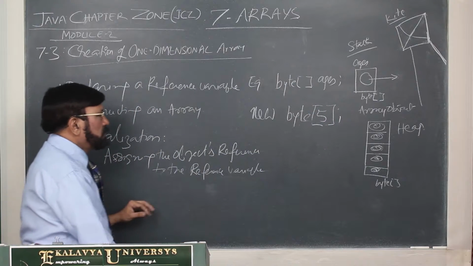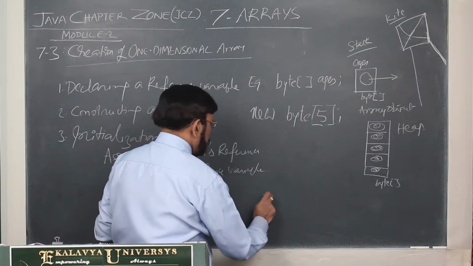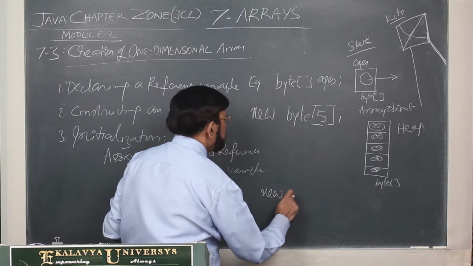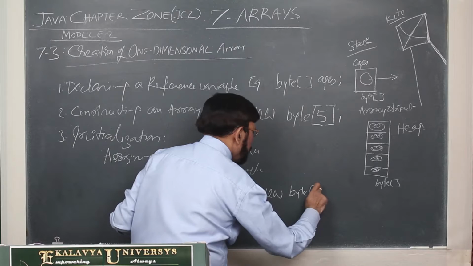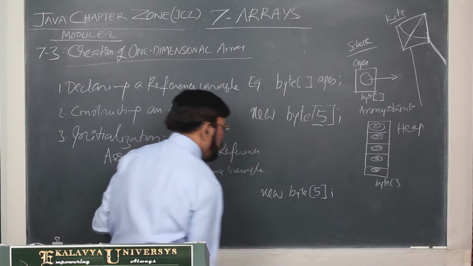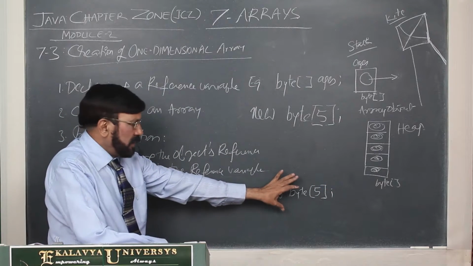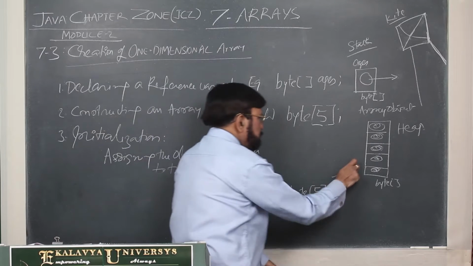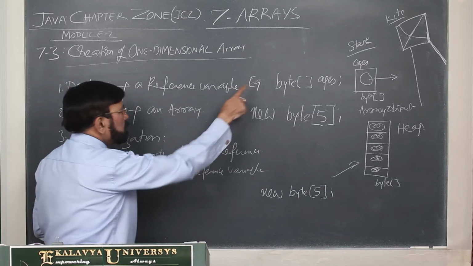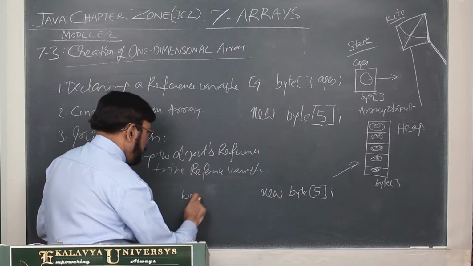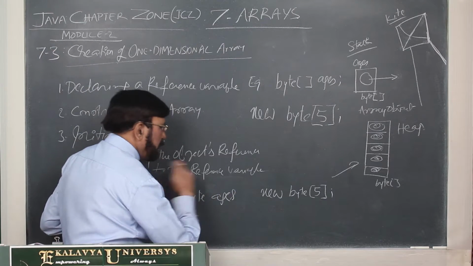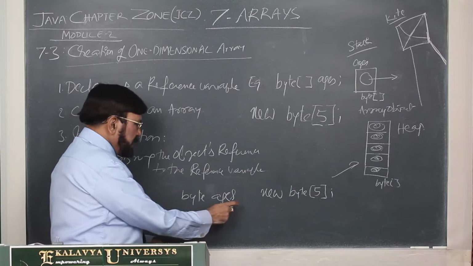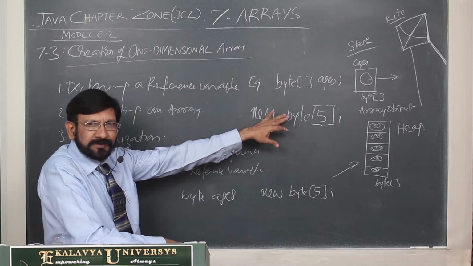Okay, third one. Now we see there are 2 things. Second thing is new byte 5. This is the real thing, the real array. And what you have already defined here, byte ages. These are 2 different declarations we have made.